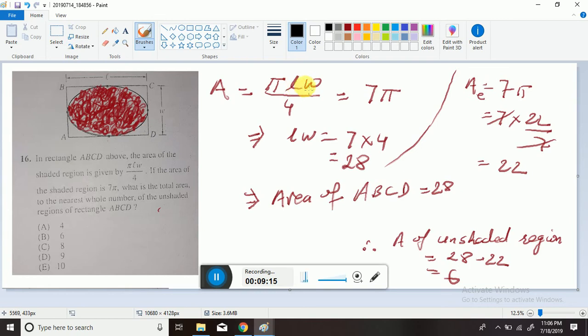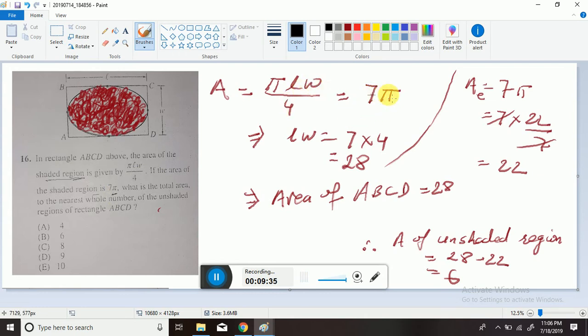The question has clearly told us that the area of the shaded region is pi LW by 4, and it is given as 7 pi, so this equals 7 pi.